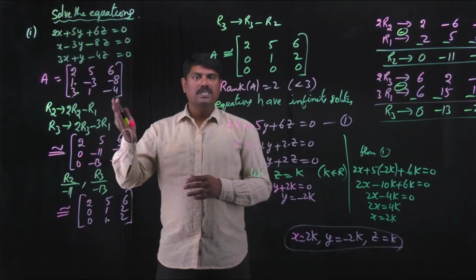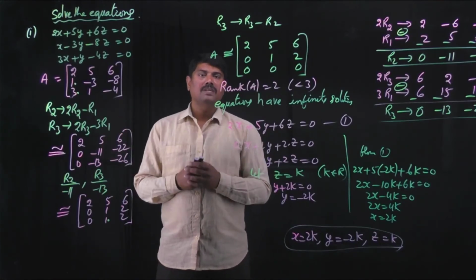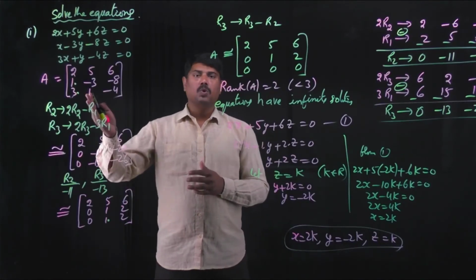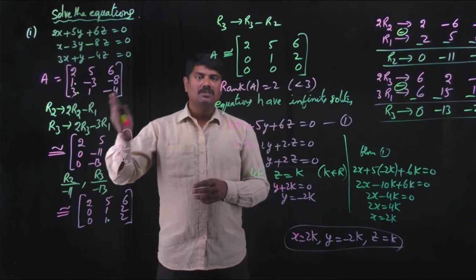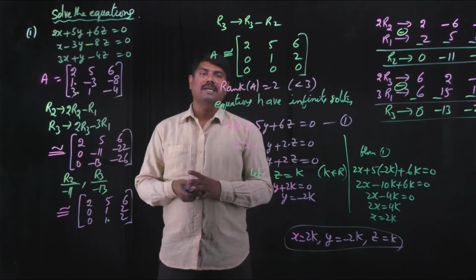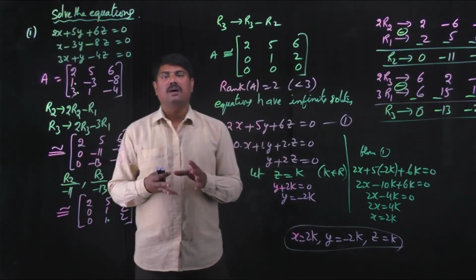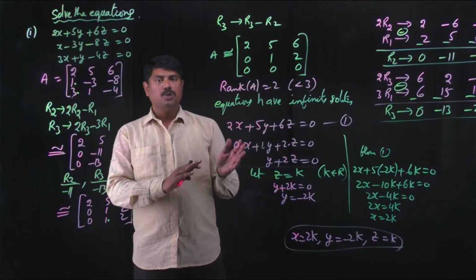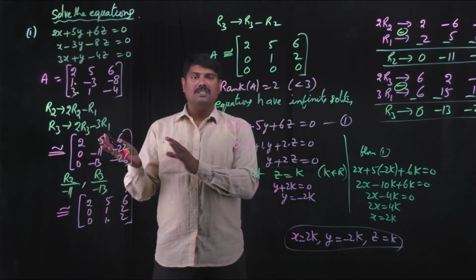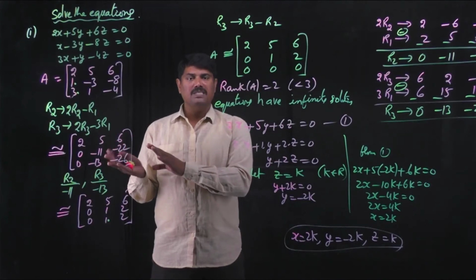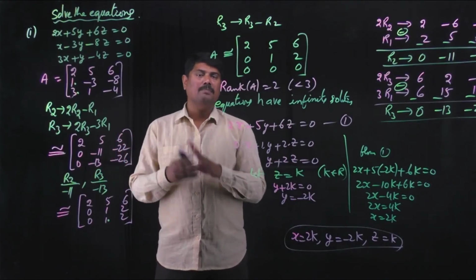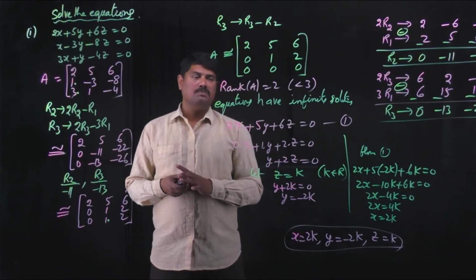If the given equations have a non-trivial solution, it indirectly indicates the coefficient matrix A is singular, so you can equate its determinant to 0. So in objective questions also, a trivial solution means the coefficient matrix rank is 3 whose determinant is not equal to 0. These are the points you have to remember when doing objective problems also.